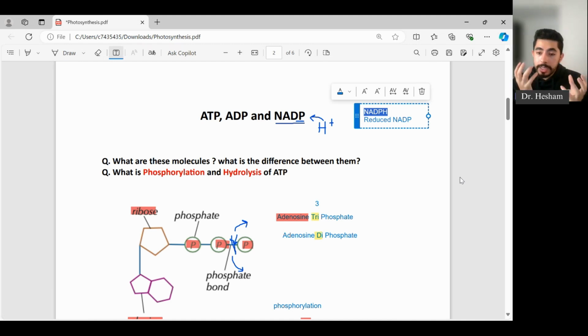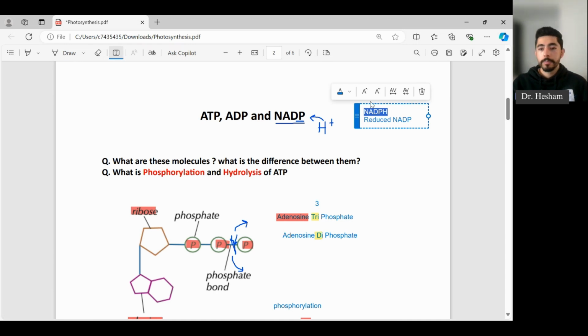So oxidation and reduction is what happens with these molecules, these coenzymes, NADPH, NAD, FAD. So these three molecules act as coenzymes that can be reduced and oxidized. So oxidized is when you lose a hydrogen, reduced is when you gain a hydrogen.